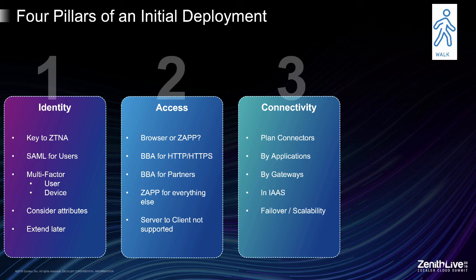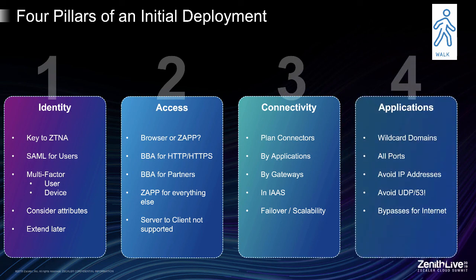Treat them as a different DMZ, but make sure that the connectors have all of the access they need to the applications. Make sure that the connectors have all the access they need to the Zscaler cloud, and build them in a scalable way. There should always be a pair of connectors in every data center where you place them, and do not create one connector group across multiple data centers. Create a connector group per data center.